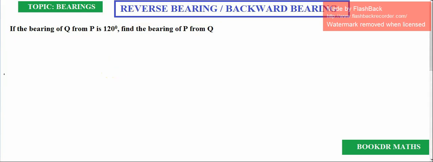As I said earlier on, when you see the letters interchanging, Q from P, P from Q, this is an indication that a backward bearing is in place. So what we do is to sketch our bearing.